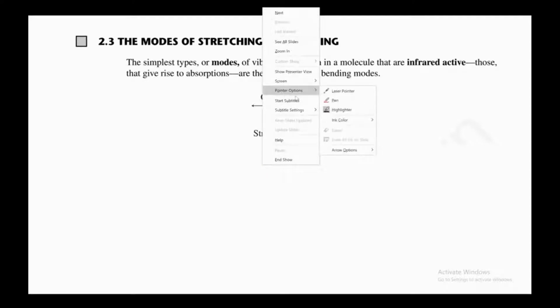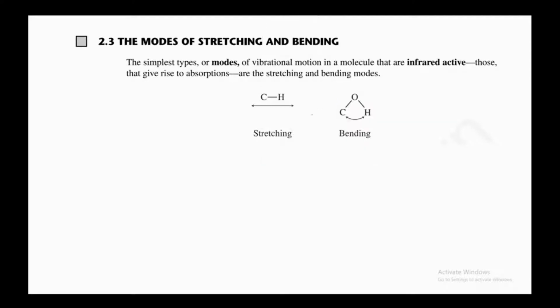So this one is the stretching and this is the bending. In bending we observe the bending of the molecule from this to this, and in stretching it stretches this way as well as this side. Okay, so that's the 2 bonds.